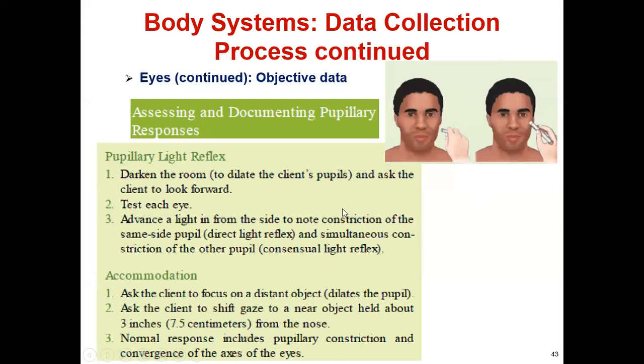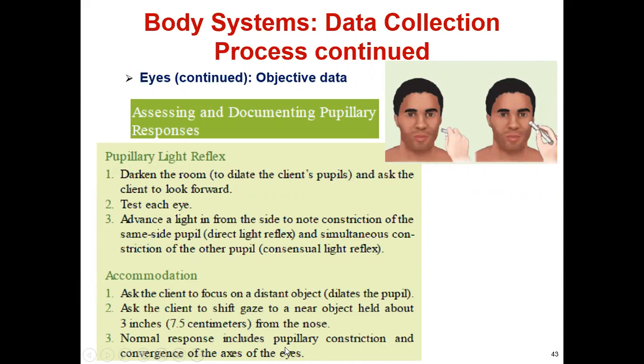And accommodation. Ask the client to focus on a distant object. That time the pupil will dilate. And then ask the client to shift to a near object, at least 3 inches from the nose.